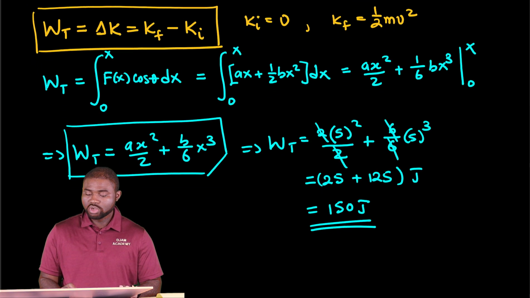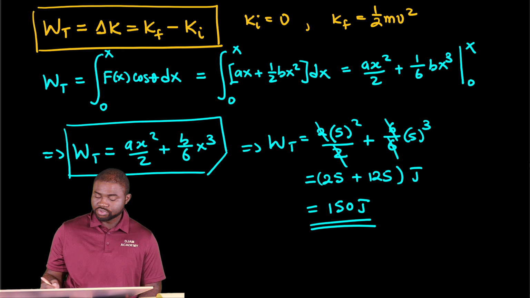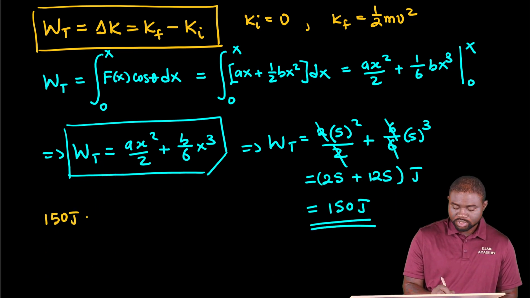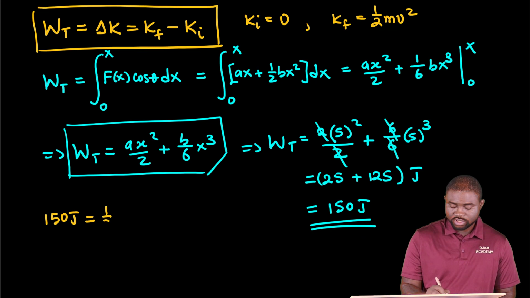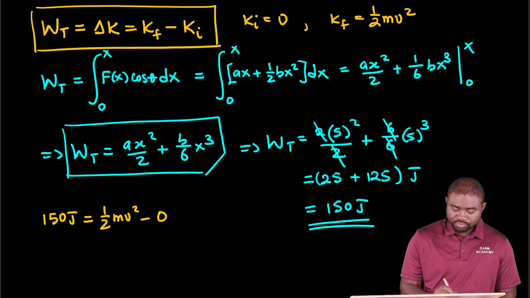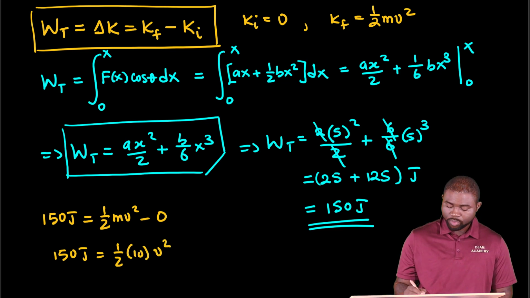Now, all we have to do is apply the work kinetic energy theorem. That means that 150 joules is equal to 1/2 mv squared minus 0. In other words, 150 joules is equal to 1/2 times m, which is 10, multiplied by v squared.